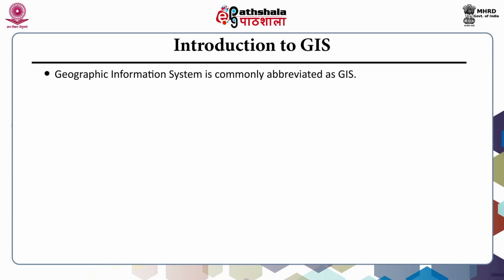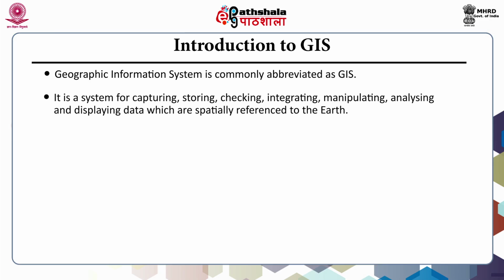So, dear students, as you all know, GIS is also called Geographic Information System. It is a system for capturing, storing, checking, integrating, manipulating, analyzing and displaying data which are spatially referenced to Earth. That means this entire system needs to have some input, that input is stored, it is checked for some discrepancies and then analyzed in the GIS domain, and the particularly important thing is the data that is spatially referenced to Earth.